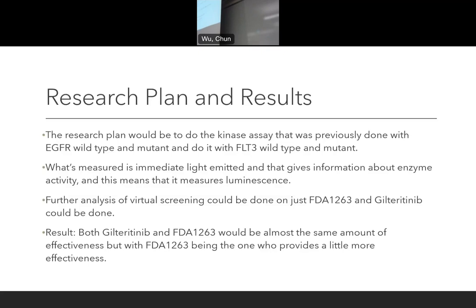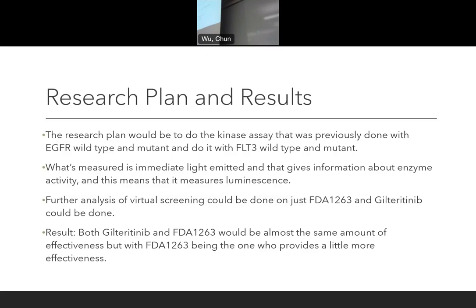And then after finding the 3 main concentrations and the wild type and mutant type FLT3 IC50 literature values, what would be expected as the results is that the gilteritinib inhibitor drug would be less effective in the mutated kinase assay since the docking score increased in this case and the IC50 would be higher.